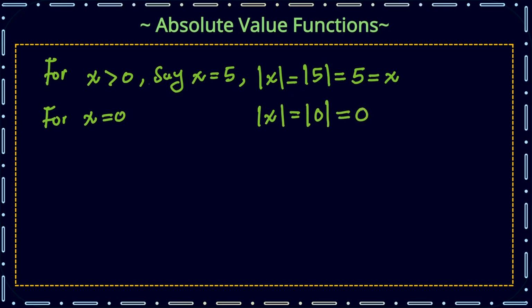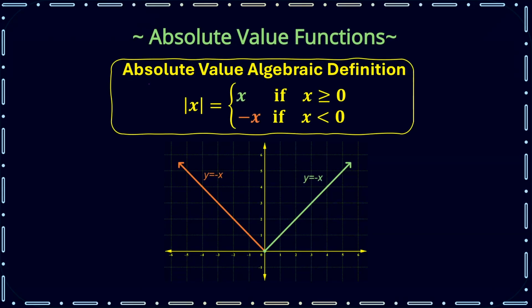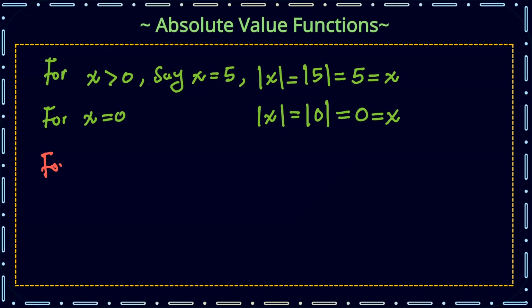That is 0, and that gives you still x back because the distance between 0 and 0 is 0. That is why in this piecewise definition, absolute value of x is the same as x when x is positive or 0. What about x negative?